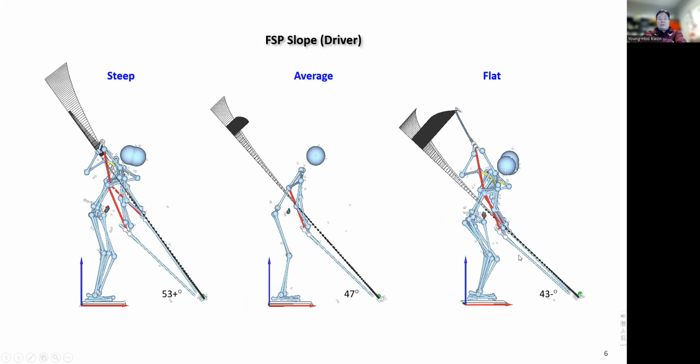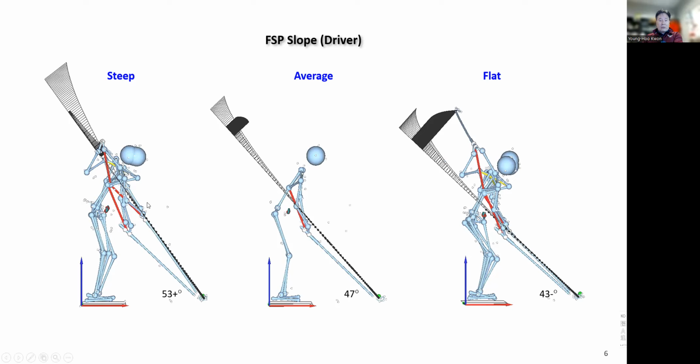In terms of the slope of the swing plane, we have three different cases. The middle one shows the average slope for a given height. Currently, this golfer shows a swing plane slope of 47 degrees, which is the expected slope, the average value. Then we have two extreme cases.